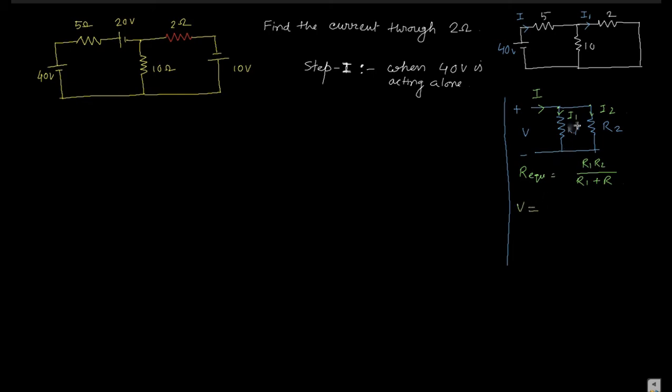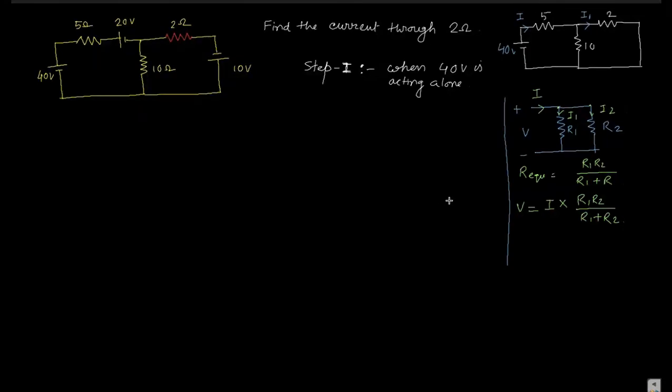V is I into R equivalent, V is equal to IR. Whatever I is supplied by the source, multiplied with the equivalent resistance R1 R2 by R1 plus R2, gives you the total V.